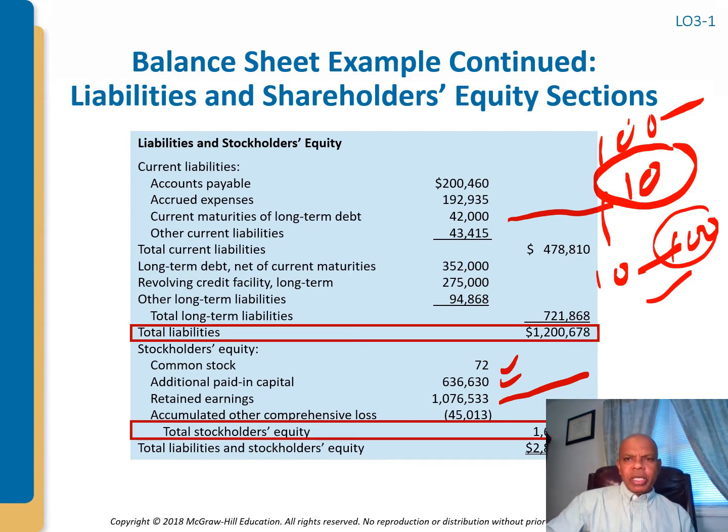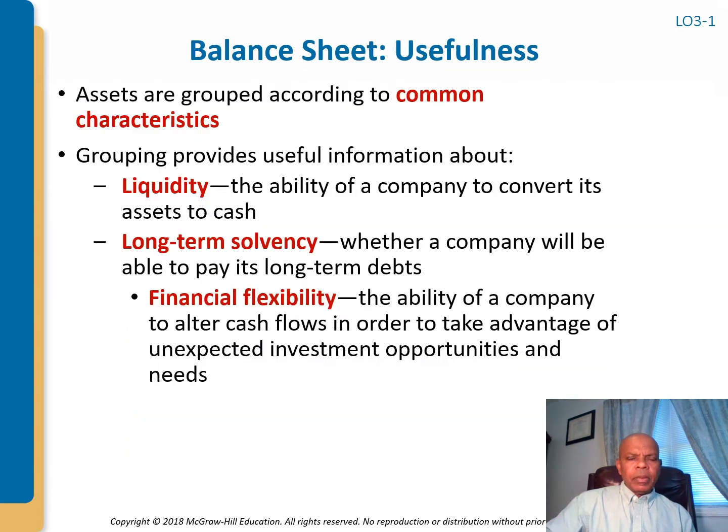Now let's go to the next slide. We're now looking at a balance sheet. What do we use it for? What's the objective? What's the usefulness of the balance sheet? Assets are grouped according to common characteristics, such as liquidity.